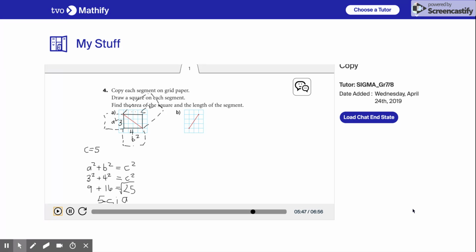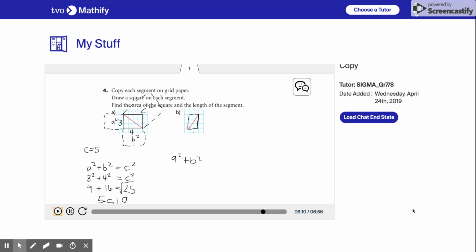Okay. And then for the second one, I would do the same thing, right? Yep. So what are your A and B? All right, so I know that a squared plus b squared equals c squared.